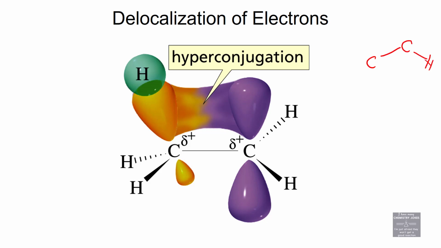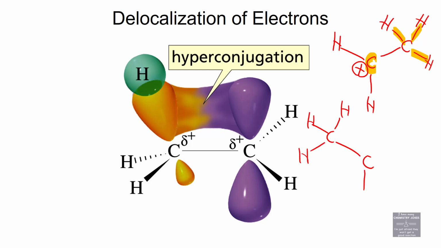Hyperconjugation is electron donation through sigma bonds. So a carbocation that's primary has these three sigma bonds that can help donate and stabilize this carbocation. Sigma bonds need to be on the neighboring carbon. Should have said that already. Something that's secondary has these sigma bonds that can help stabilize, I forgot my positive charge, this positive charge.